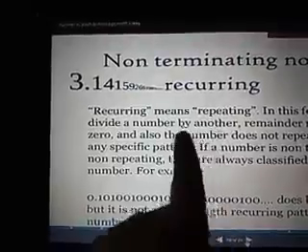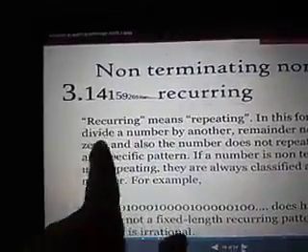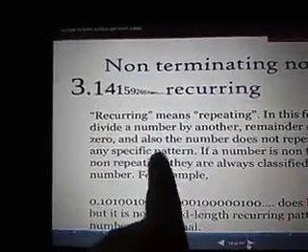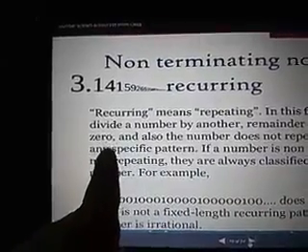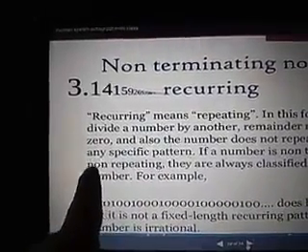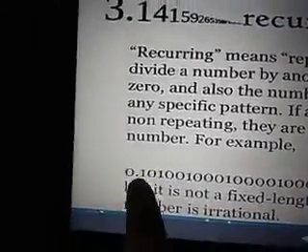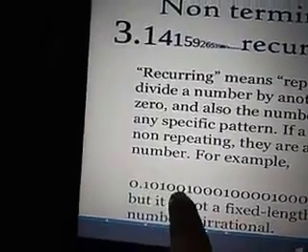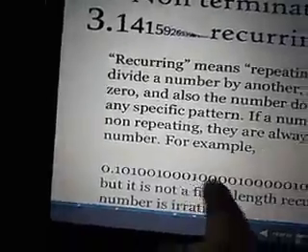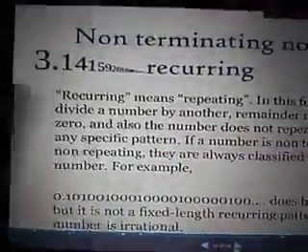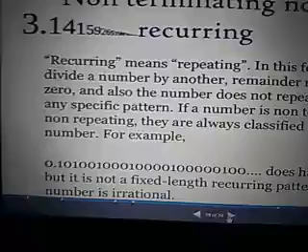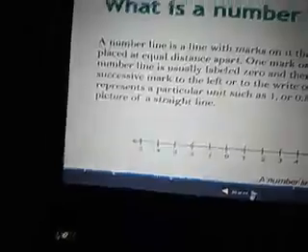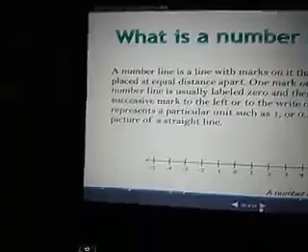Recurring means repeating. In this form, when we divide one number by another, the remainder never becomes 0. And also the digits do not repeat themselves in a specific pattern. See this one: 0.10, then 100, 100, 140, 150, and so on. So they are not going to repeat themselves. These are, you can say, the irrational ones, right?